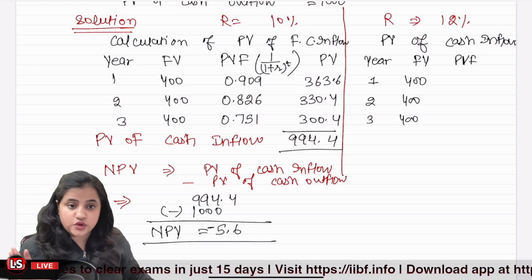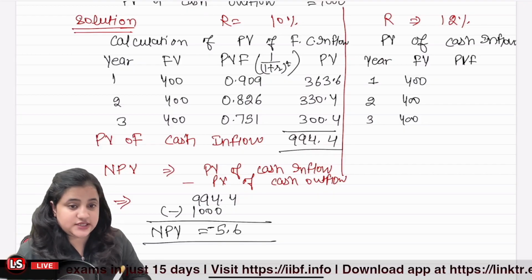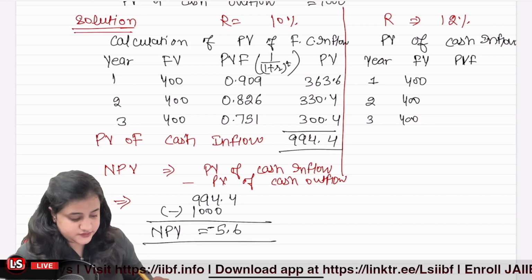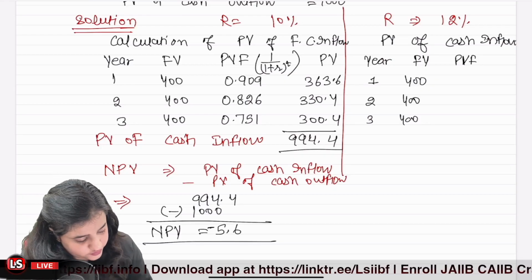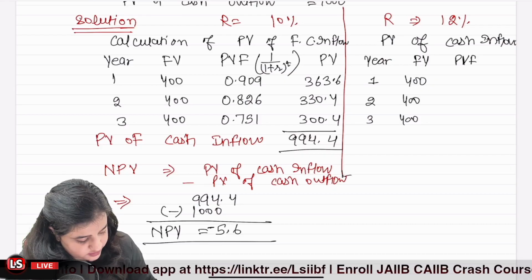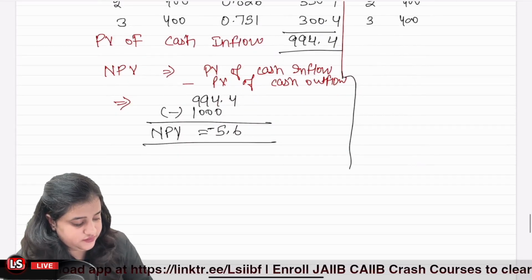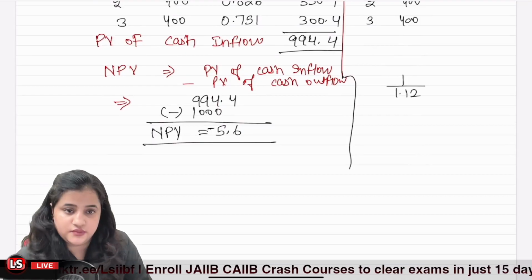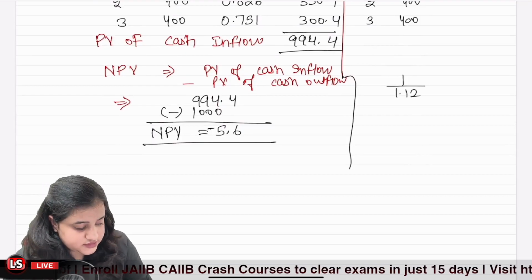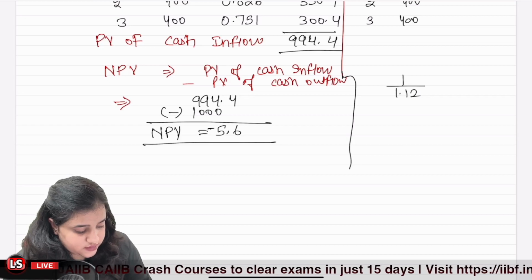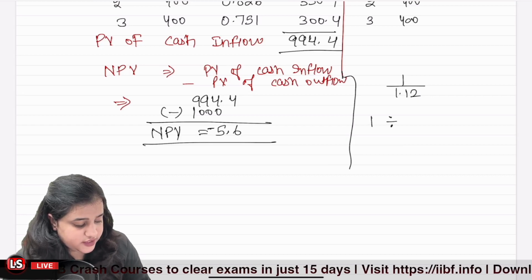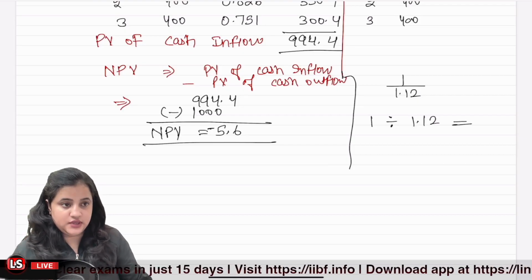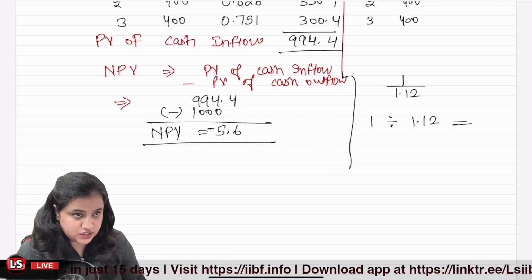Now there is one more method of calculating PVF that is easier. Watch carefully. What is the rate? 12%, right? To calculate PVF on the calculator, I will take 1 divided by 1.12, right? This is what I'm going to type on the calculator. 1 divided by 1.12. When I press equal to 1 time, I am getting year 1 discounting factor.